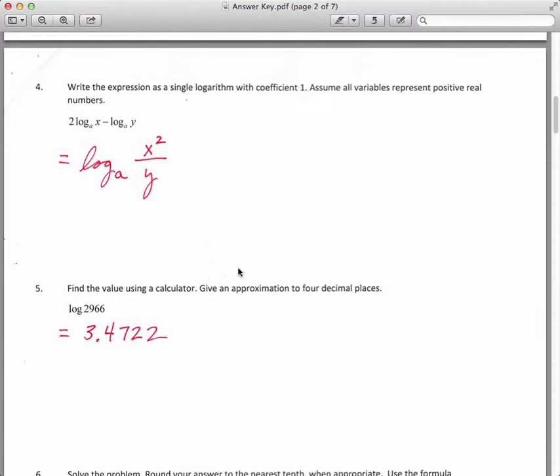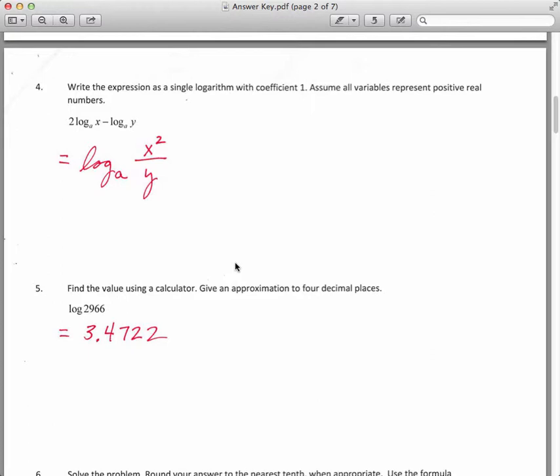Problem number 5, you just need to punch the buttons correctly on your calculator. Most calculators that are not older than maybe 10 years old, you would just press the log, L-O-G button, log base 10 button, and then the calculator most likely is going to start parentheses for you.